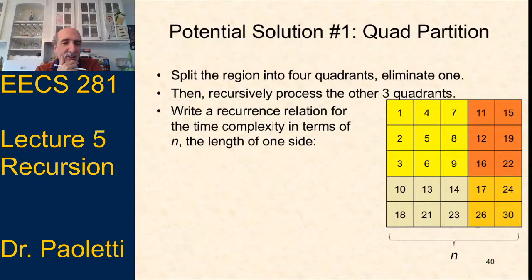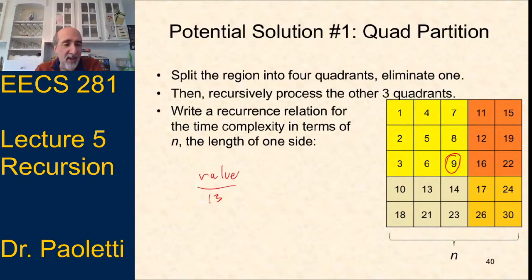So I split it basically down the middle, and this was 5 by 5, so it wasn't quite down the middle. There's 3 in one dimension, 2 in another. But if I look at this middle value, let's say I'm searching for the value 13. Well, I know it can't be in the upper left. Because if it's left of 9, it has to be less than or equal to 9.